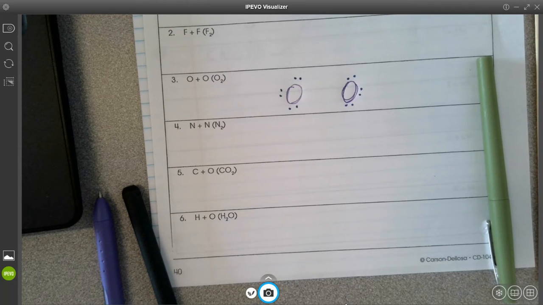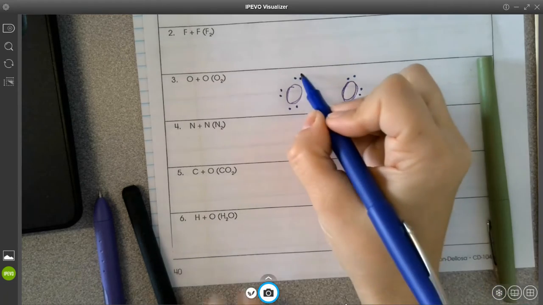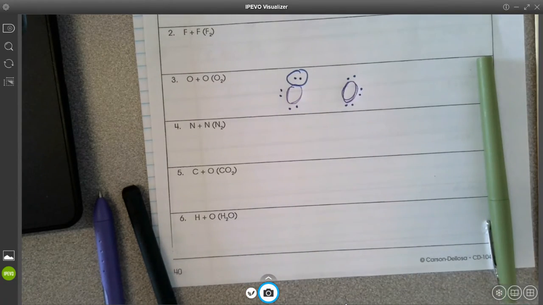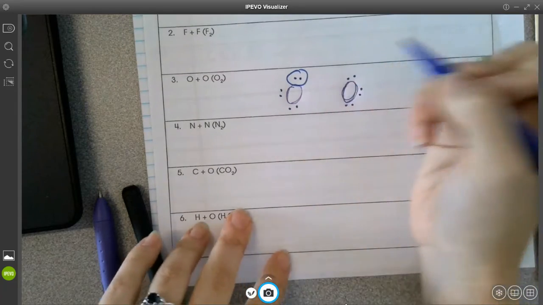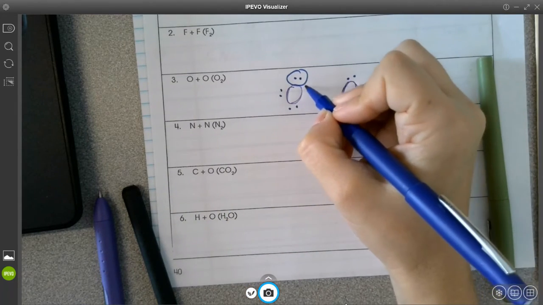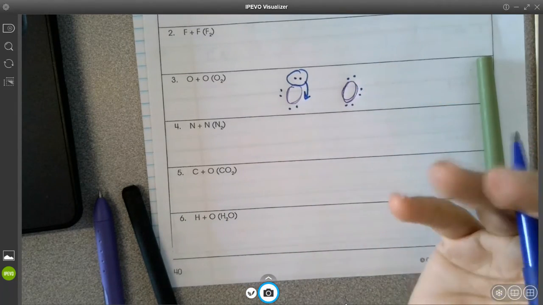So by looking at these here, I'm going to think to myself, if I need 8 electrons shared and I have 6, how many more do I need shared with me? And my answer should be 2. So I take the 2 that I need right here, and I know that somehow I'm going to have to share these.